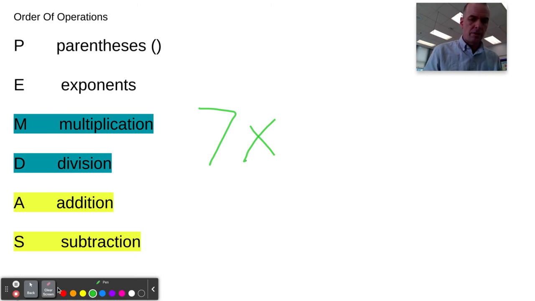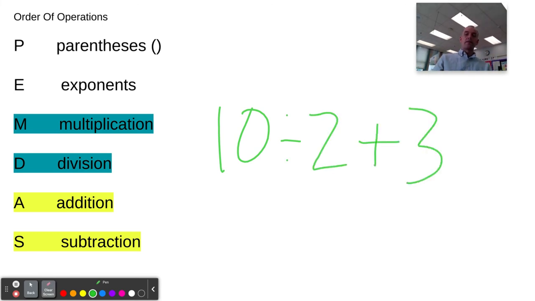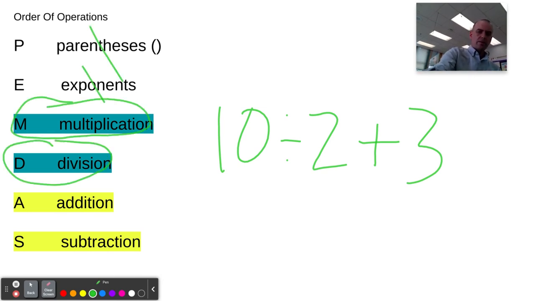Okay. So on this one, there's no parentheses, no exponents. There's multiplication, there's division, there's no addition, there's no subtraction. Now, this is like a trick.